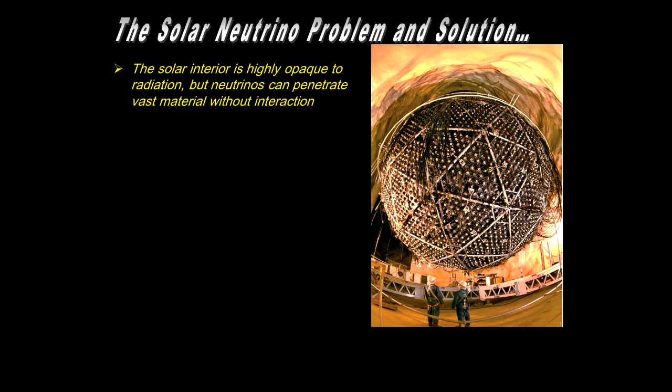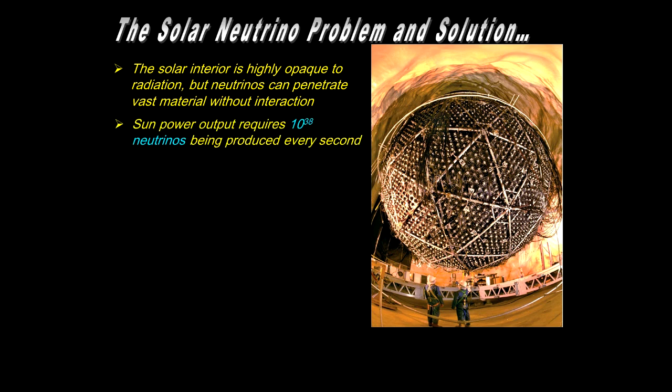But human beings are pretty clever, and we've devised methods of actually detecting neutrinos with special experiments way deep under the Earth to protect them from cosmic rays and other particles coming in that would give false reads. So we've learned how to detect neutrinos.